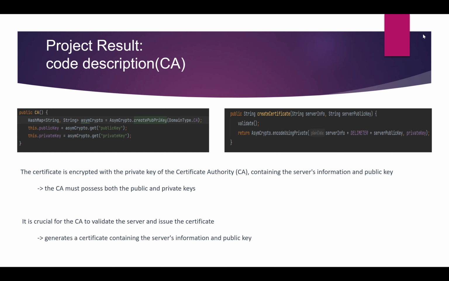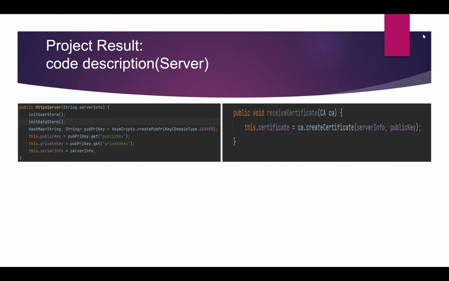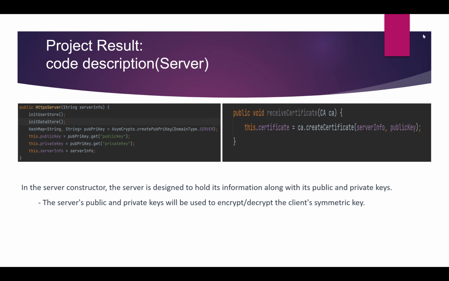Consequently, when the server requires a certificate, the CA validates the server's legitimacy and, based on that, generates a certificate containing the server's information and public key. In the server constructor, the server is designed to hold its information along with its public and private keys.